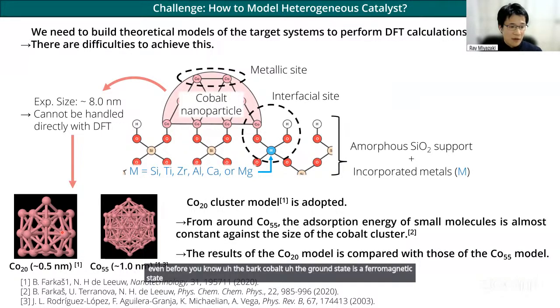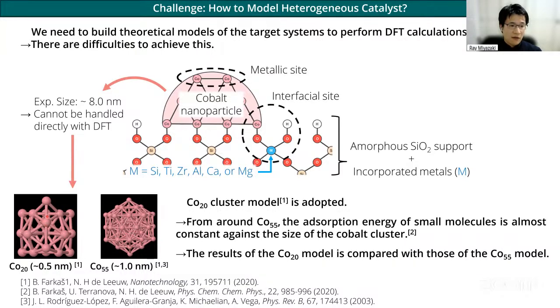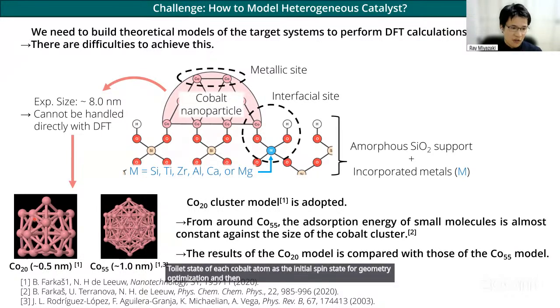Then I put the triplet state of each cobalt atom as the initial spin state for geometry optimization. After the SCF calculation and geometry optimization, of course, the optimized electronic structure slightly deviates from the original triplet state, but keeps the ferromagnetic state. And it is actually more stable than the singlet state.